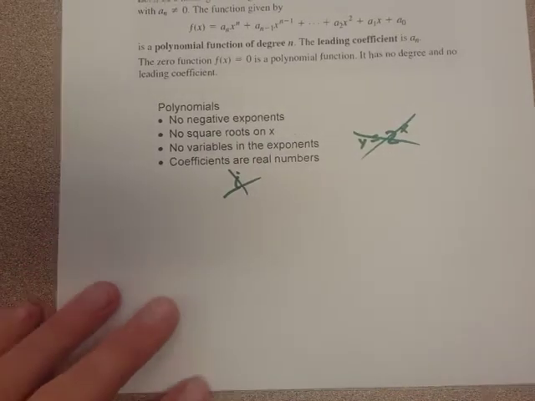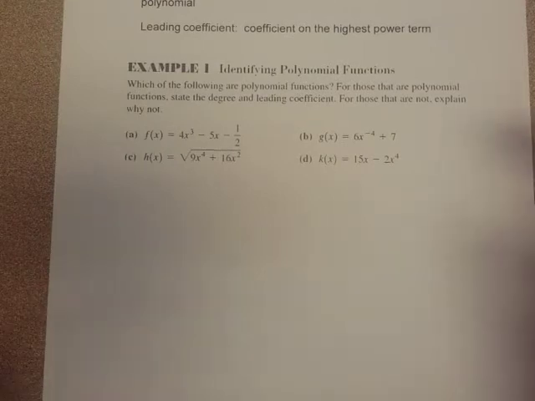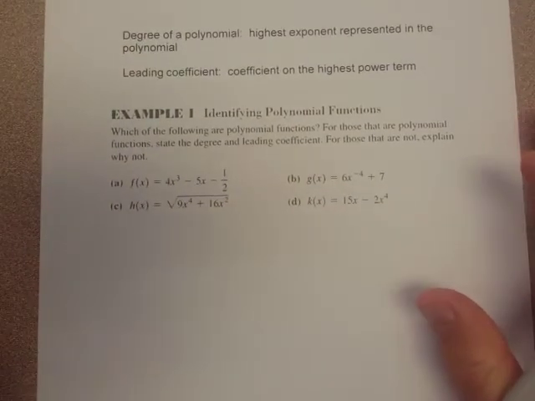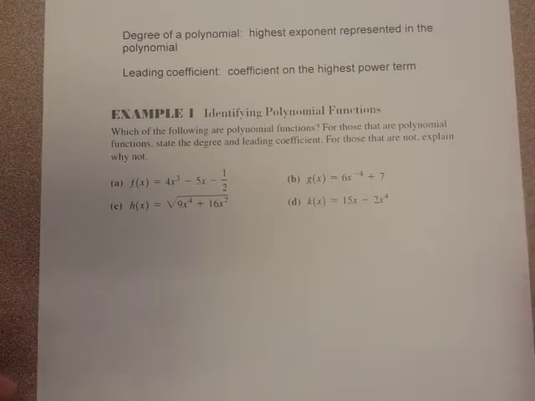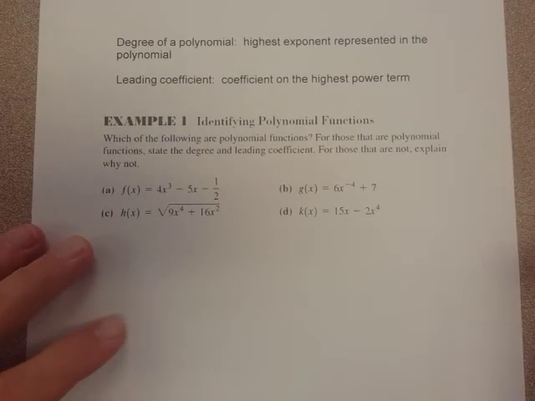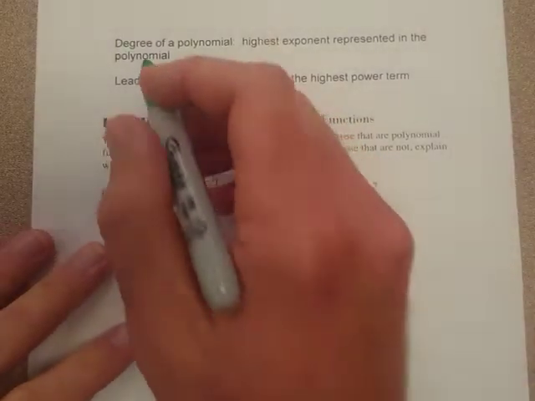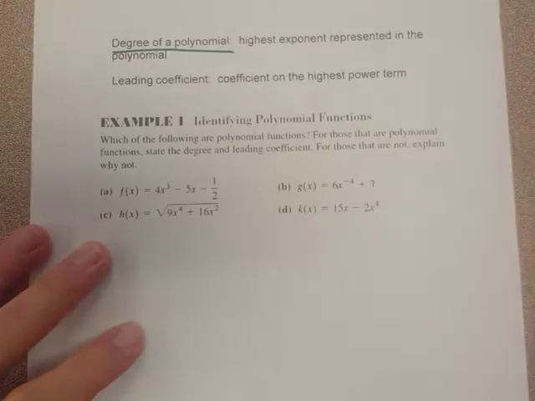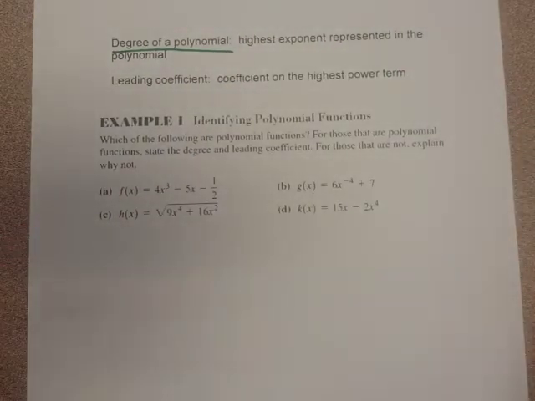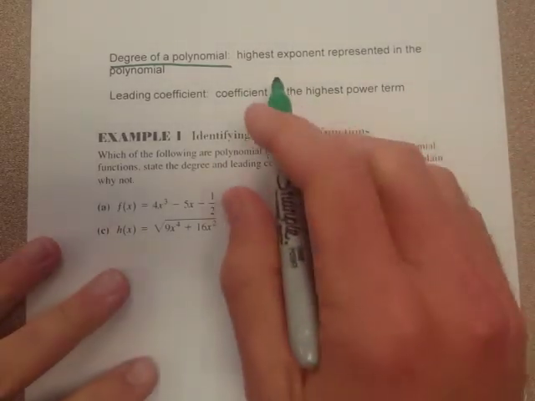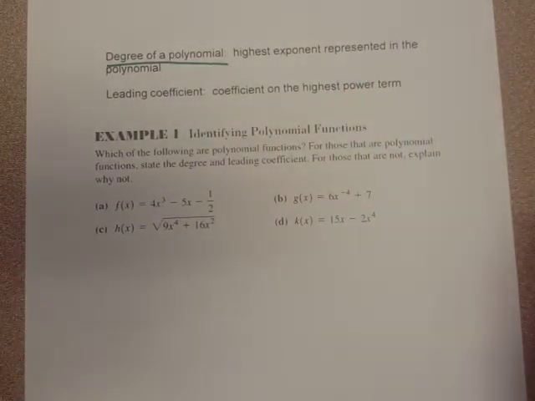So here's an example of what we're dealing with, just some to look at and decide, are they polynomials? Now, one other thing that we're going to do with these is we are going to take a look at a couple characteristics if they are actually polynomials. One of those things is the degree of that polynomial, which is just the highest exponent that is represented if you write it in standard form.